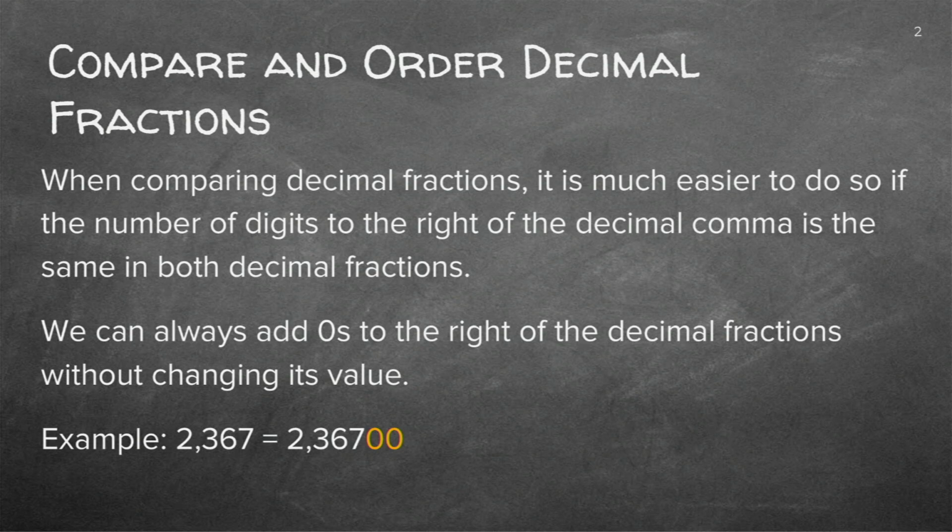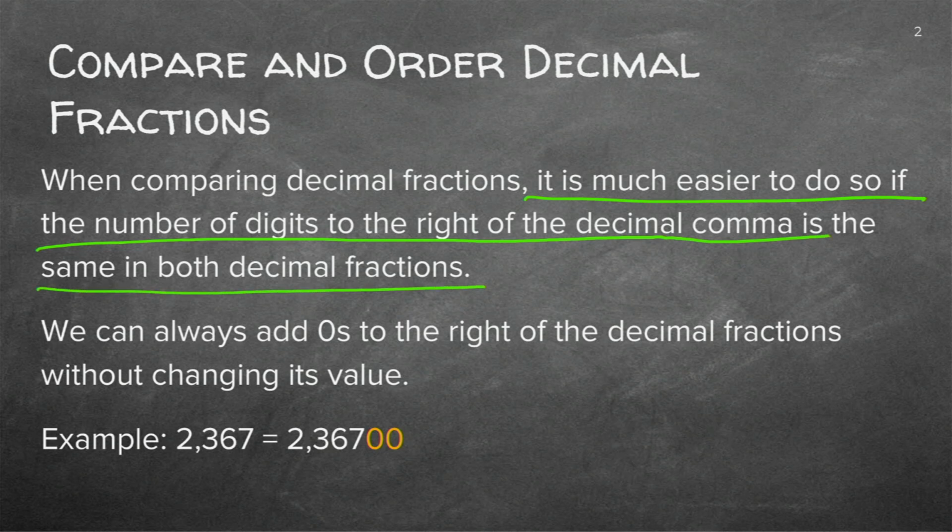Right. So when we compare decimal fractions, it's one thing to remember. It's much easier to do so if the number of digits to the right of the decimal comma is the same in both decimal fractions. It just makes life so much easier to remember that.